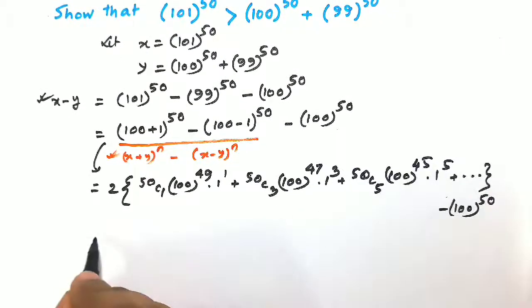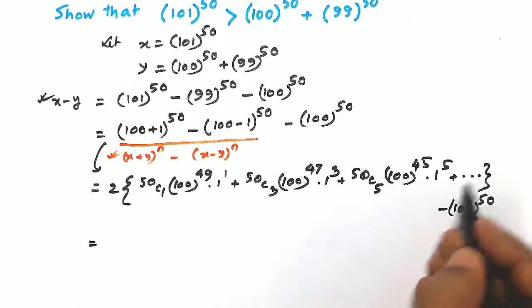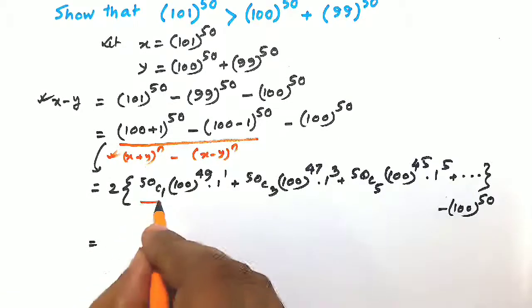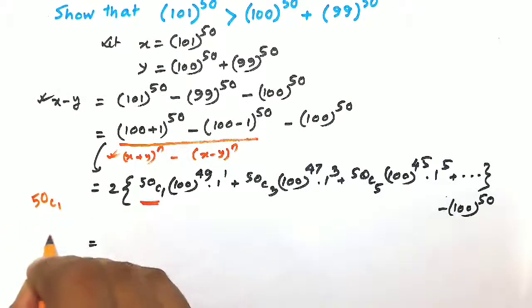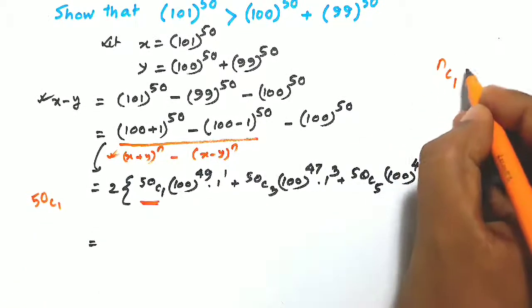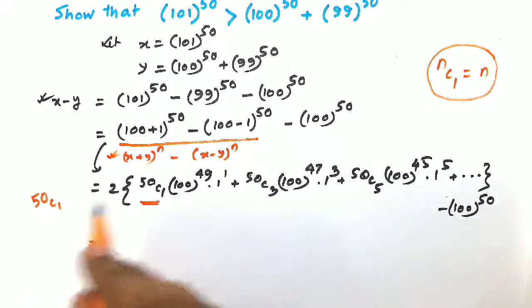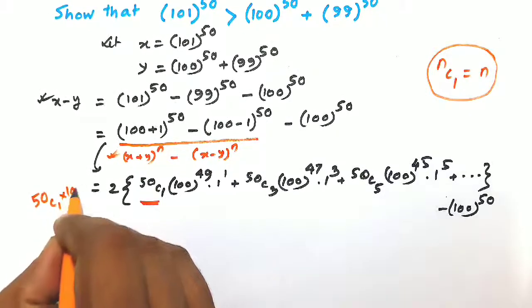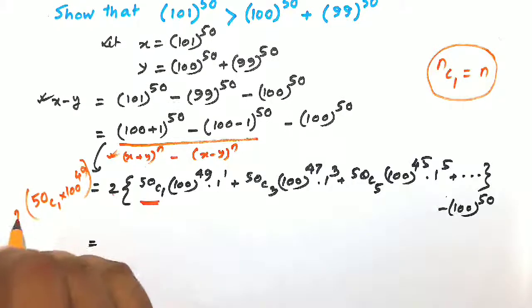Okay. Now one thing is important. Actually we shall multiply the total expansion by 2. Now tell me, what is 50C1? You know, nC1 is equal to n by this rule. So 50C1 is 50. Now this term is 50C1 into 100 to the power 49, and this is multiplied by 2, isn't it?